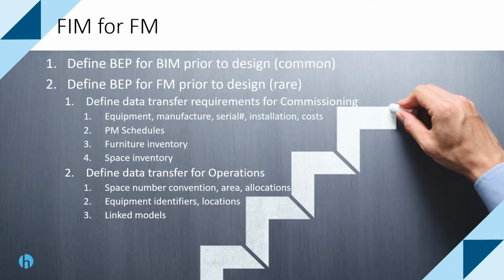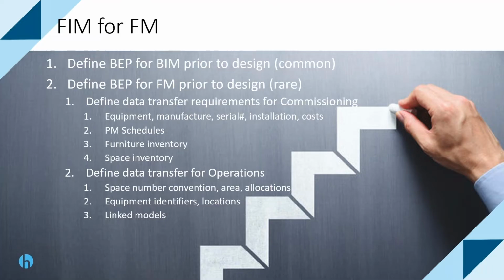But you also need to identify in your FM building execution plan or BIM execution plan what that data is that's going to be ongoingly synchronized in operations. So things like, what kind of space numbers are you using, the area that you need in the space, allocated space, equipment identifiers, locations of equipment, what kind of linked models you are going to be using day to day. These are the types of things that you need to include in that BIM execution plan for facilities management.